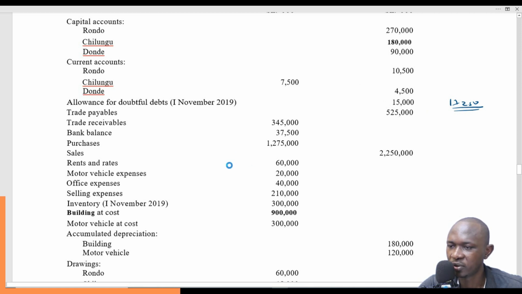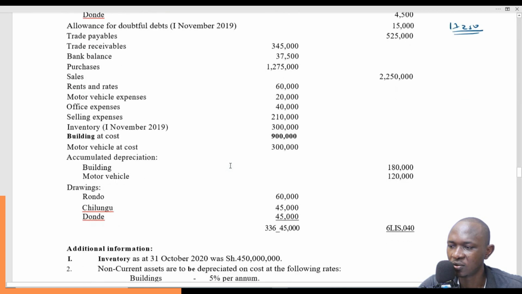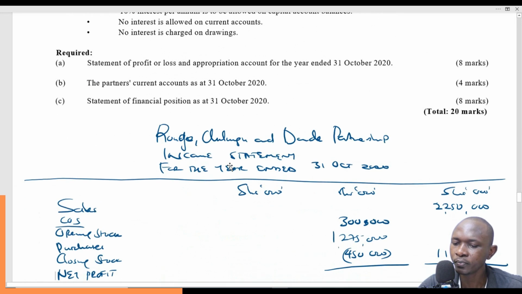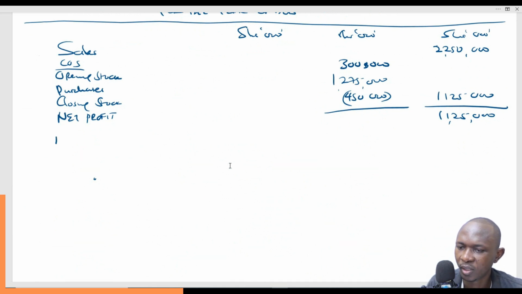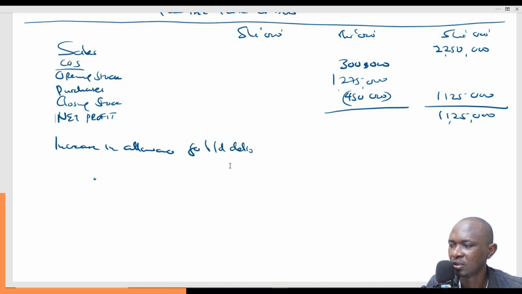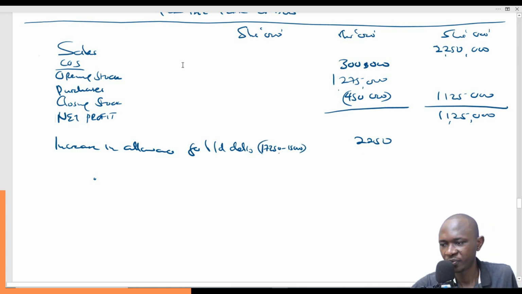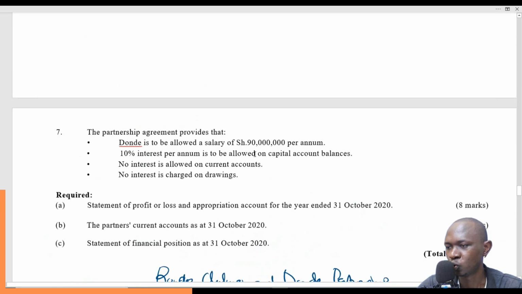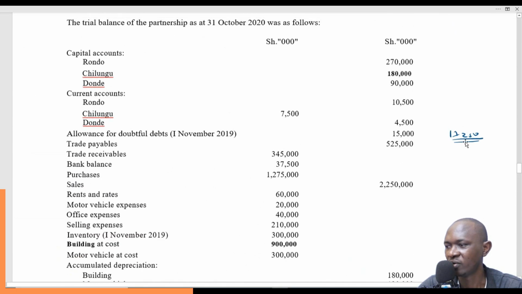So the increase in allowance for bad and doubtful debts is 2,250, and this is simply the 17,250 minus 15,000, where the 17,250 is 5% of the trade receivables which we have seen. So this minus this, 2,250.